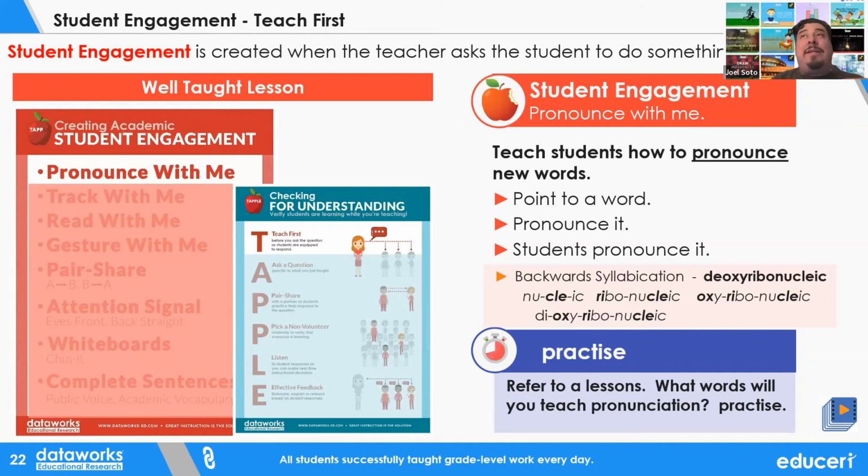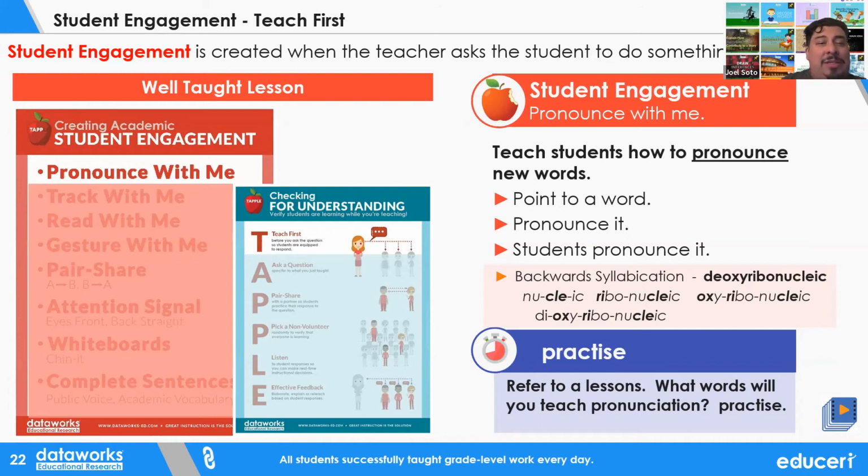I'll tell my students, okay, determine means you really want to do something, but determine can also mean figure out. It has multiple meanings, and because we have a lot of English learners working with us, I do pronounce with me as well.